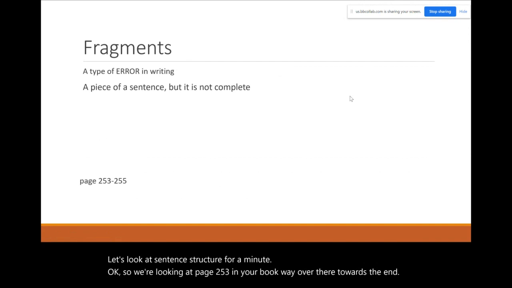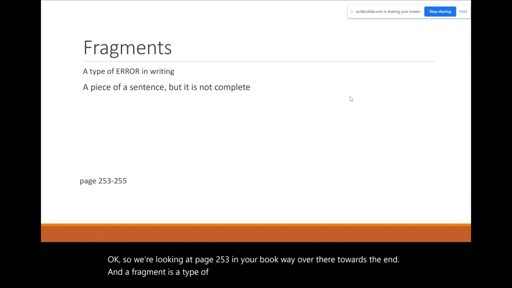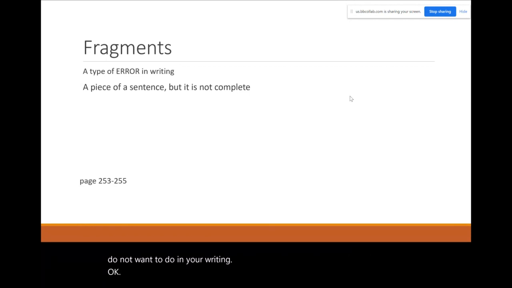And a fragment is a type of error in writing. So a fragment is something that you do not want to do in your writing. What it is, it's a piece of a sentence, but it's not a complete sentence. That's what a fragment is.